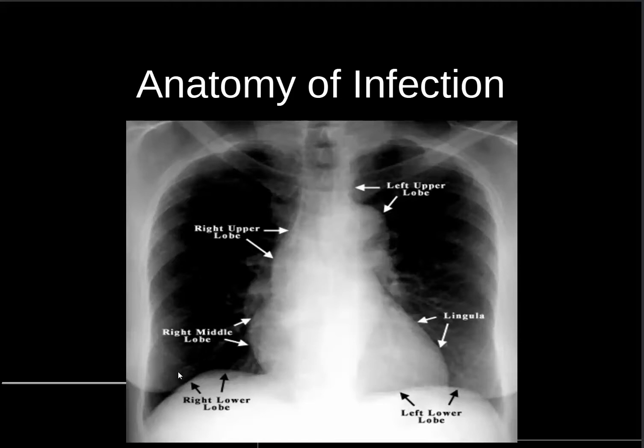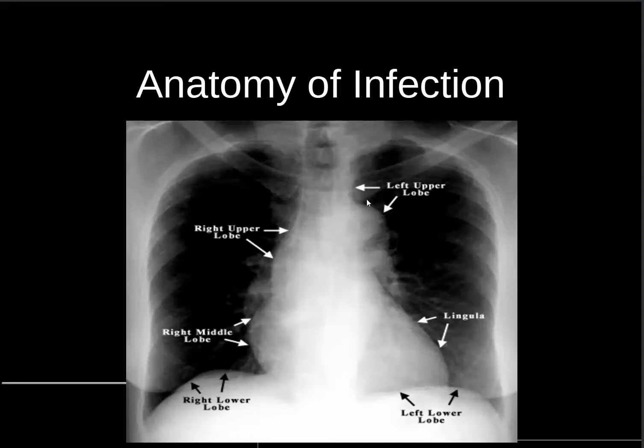If there was fluid, infection, pathology within the right lower lobe, then that diseased lung would be sitting on top of the right hemidiaphragm, and you would lose the nice, sharp, crisp border of the right hemidiaphragm that we're seeing here.